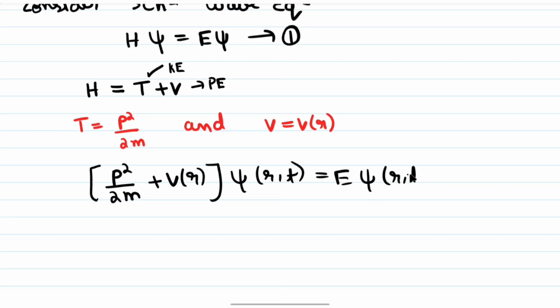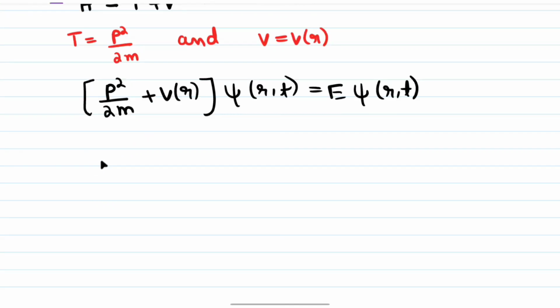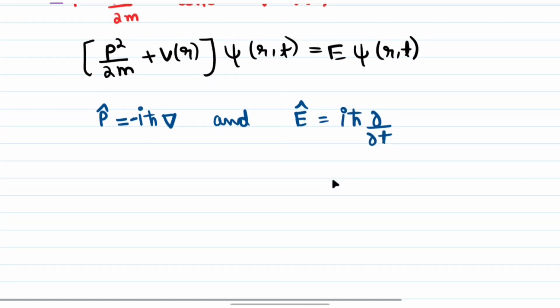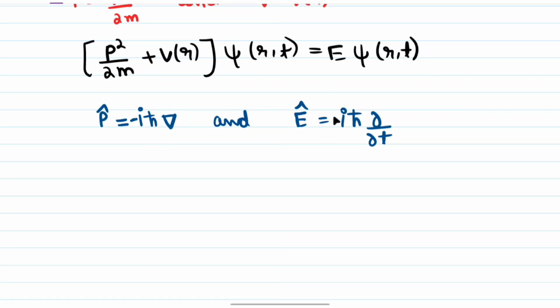equals E into phi of r comma t. Now we are going to consider the operators. The momentum operator is given by minus i h cross into del, and the energy operator is given by i h cross dou by dou t. We are going to substitute these two operator equations in the above equation.